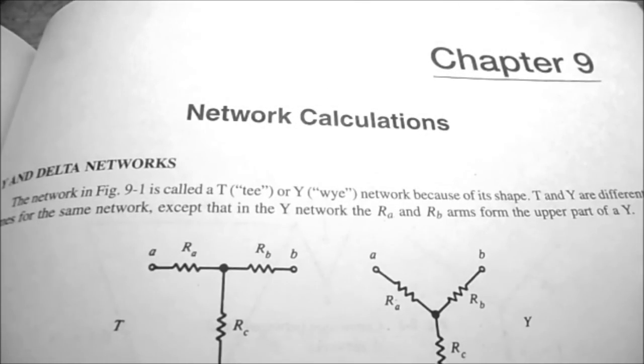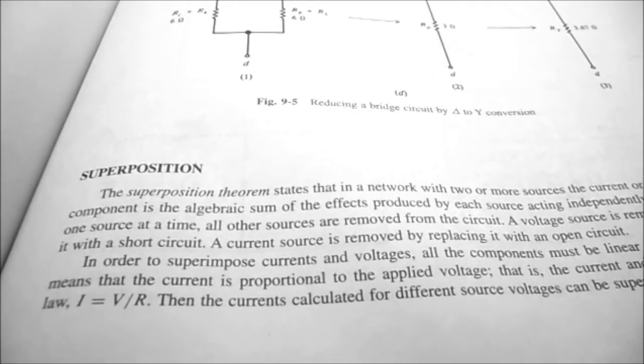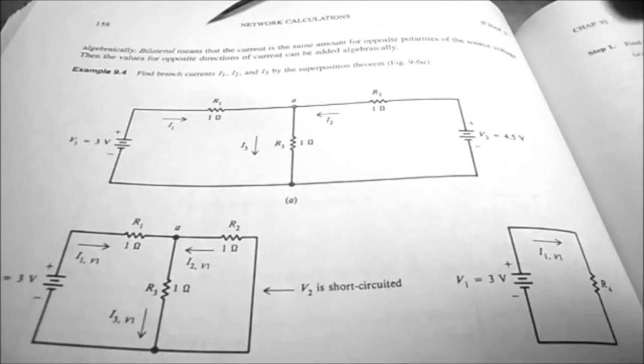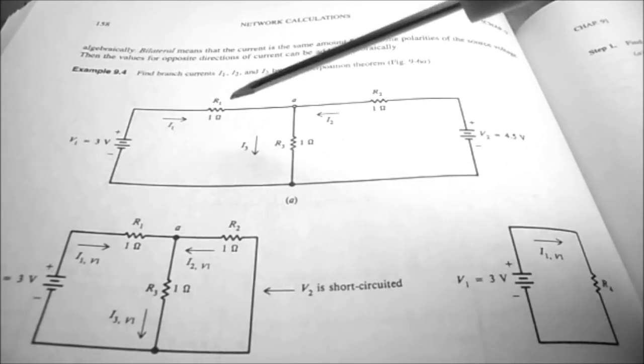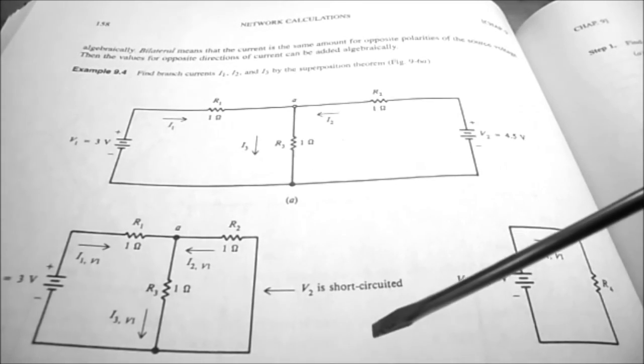In chapter 9, under superposition, it says the superposition theorem states that in a network with two or more sources, the current or voltage for any component is the algebraic sum of the effects produced by each source acting independently. And example 9.4 gives you a complete breakdown of how to perform the superposition calculations.